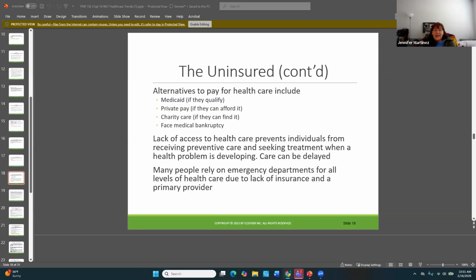It used to be, and I don't remember when this changed, it's been a long time, that if you didn't have insurance and you didn't pay your medical bills, it didn't affect your credit score or anything like that. Now all of that has changed, right? They can report your medical debt, which can affect your credit score. So these patients can face medical bankruptcy.